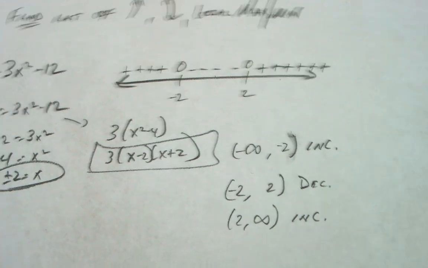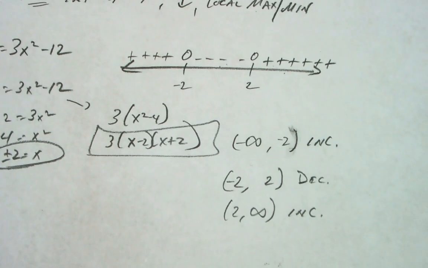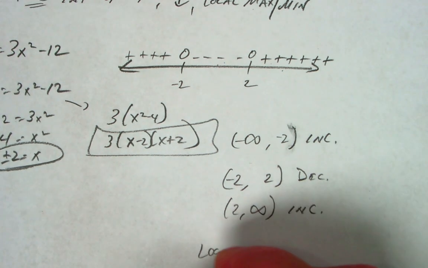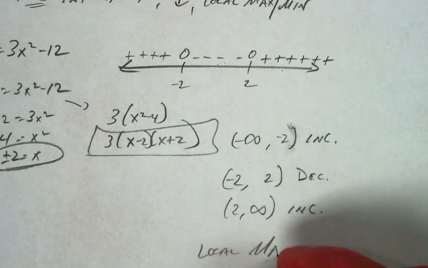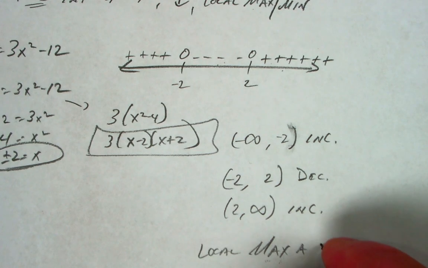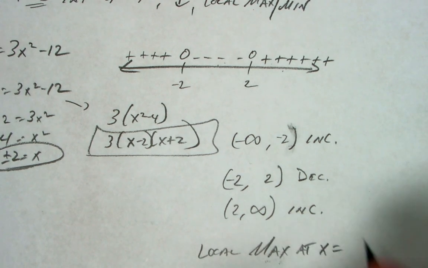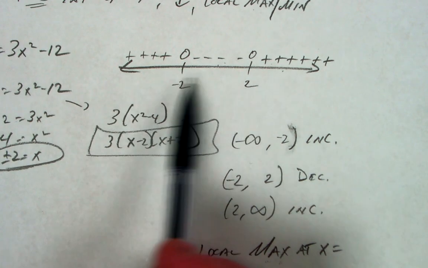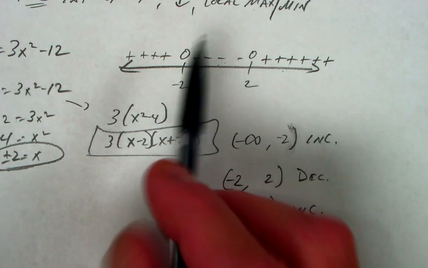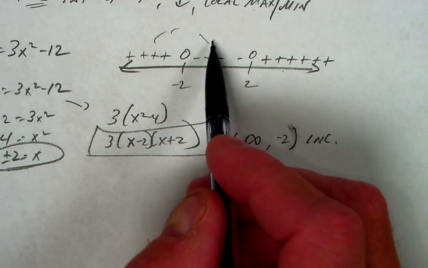So right here, using the results of the first derivative test, it has a local max at x equals what? Negative 2, because it goes uphill, and then downhill.